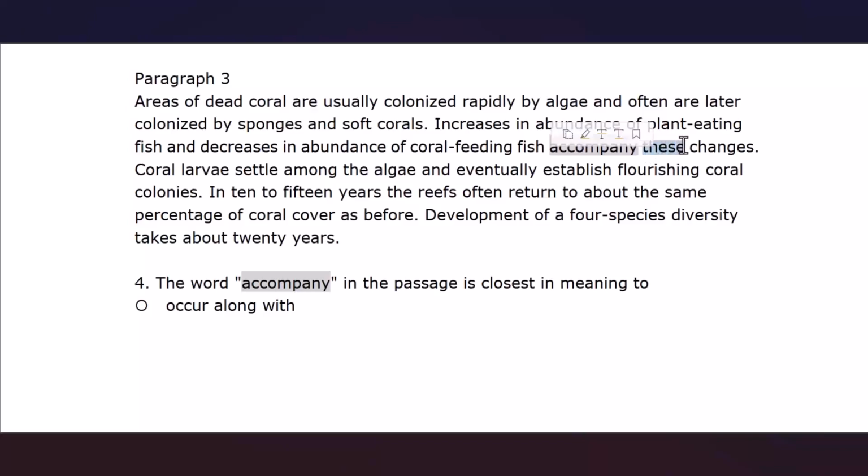But what about the pronoun of these? These here is a demonstrative pronoun. It actually refers to something previously mentioned. These changes means changes mentioned here.